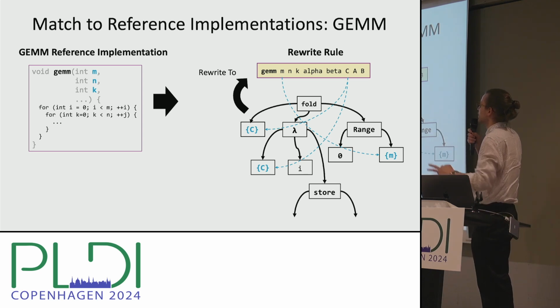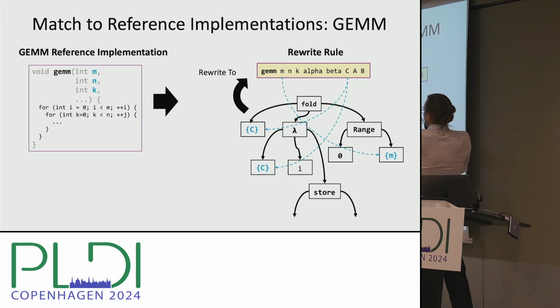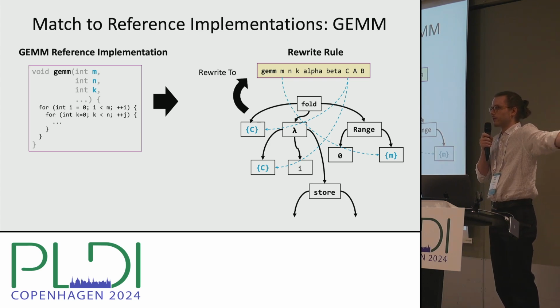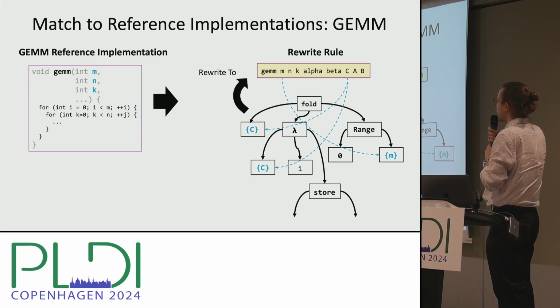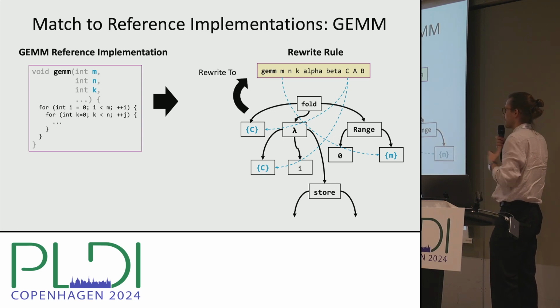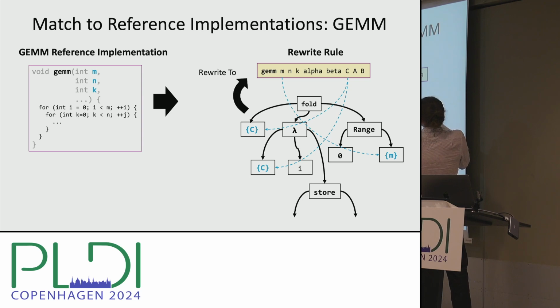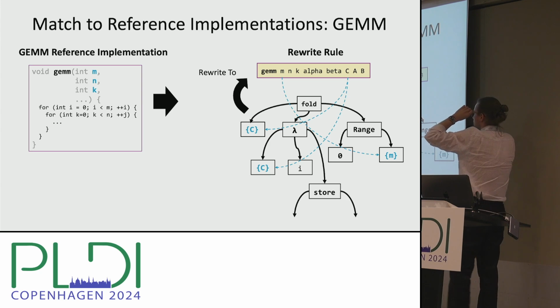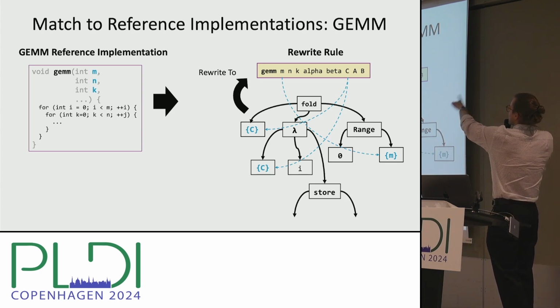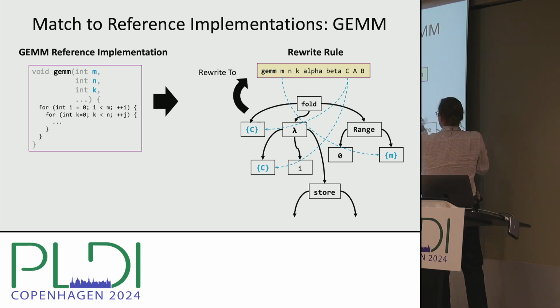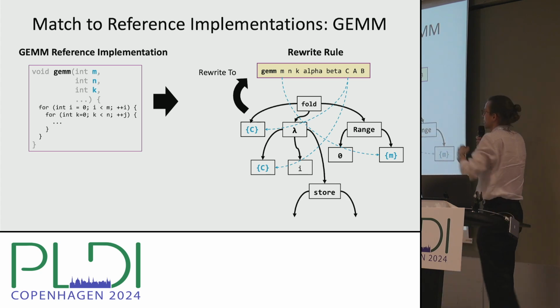Every time we encounter a function argument, like a parameter to the original function, that becomes a placeholder in the left-hand side of the rewrite rule. And the right-hand side is just a function symbol with a fresh name for the reference implementation, with all of the function parameters as arguments to the function. So this part becomes the left side of the rule, and this part becomes the right side of the rule.